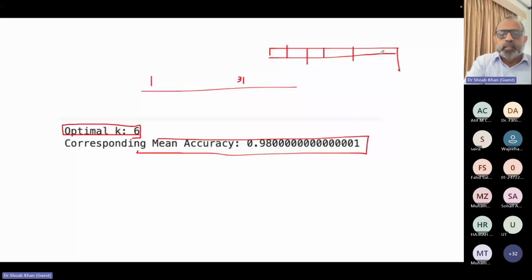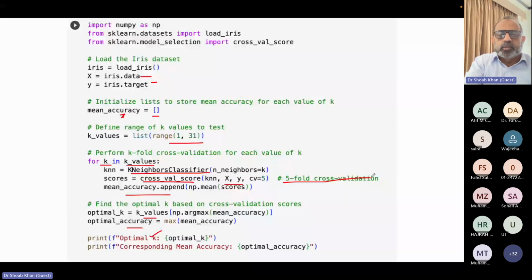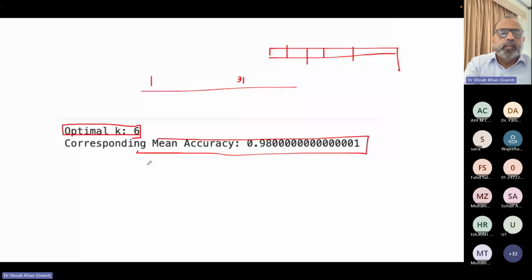As you can see here, this is the 5-fold cross validation, so cross validation is equal to 5. We'll try the first value of k on the data, and then we'll try 2, then 3, then 4, 5, 6, 7, 8, 9, and 10, and then it gives you the accuracy. So that is how it works.